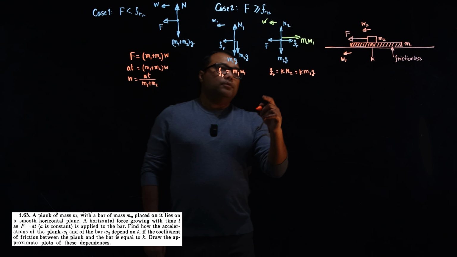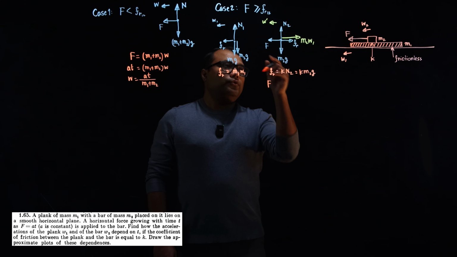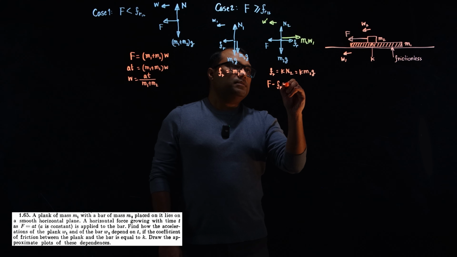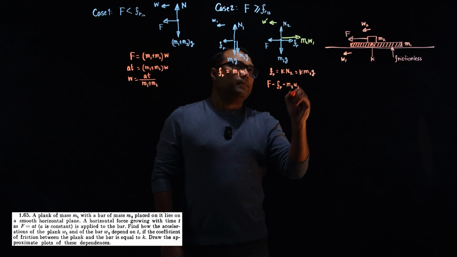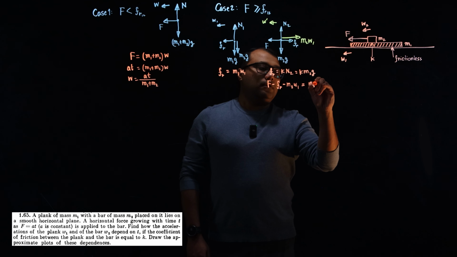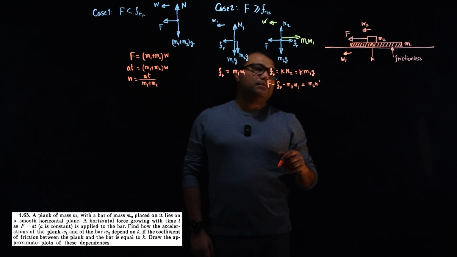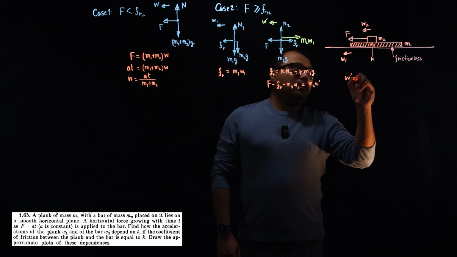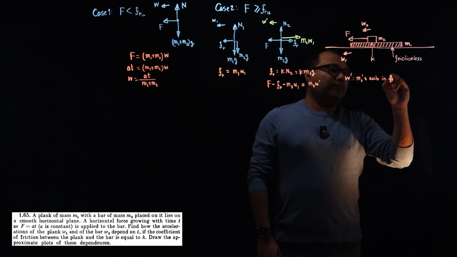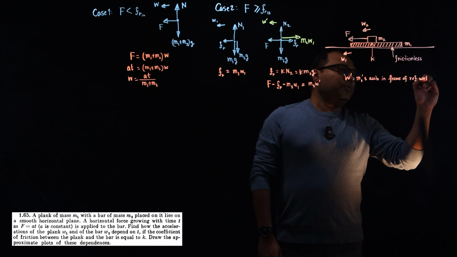Now the other thing that we can write is this force minus friction force minus M2W1 is responsible for M2's acceleration W dashed. Now this W dashed, remember, is M2's acceleration in the frame of reference of M1, with respect to M1.